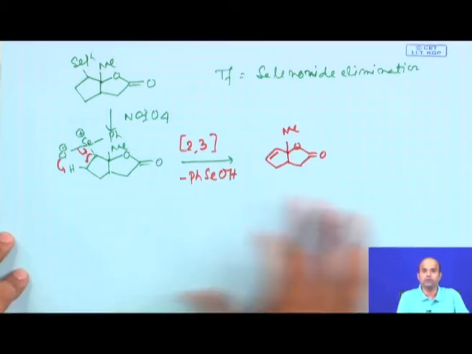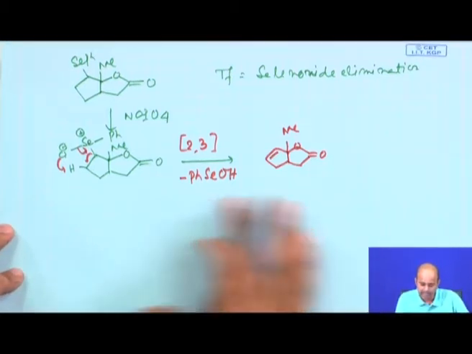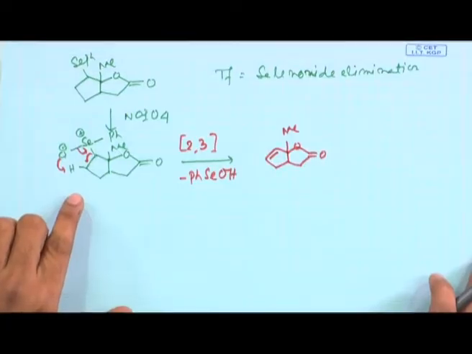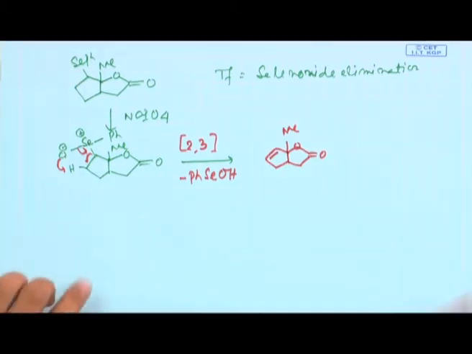So PhSeOH will be released, and this is called selenoxide syn elimination. You can also do an iodolactonization, do the HI elimination, or a bromolactonization, but this is another important reaction, selenoxide syn elimination.